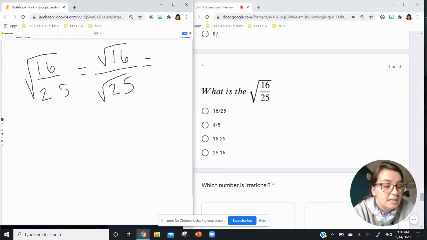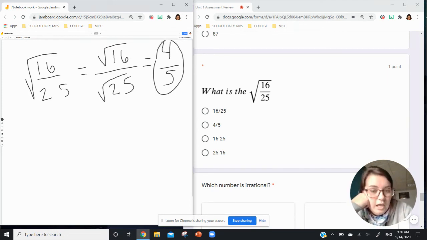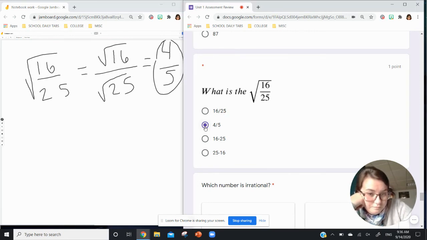Well, the square root of 16 is 4, because 4 times 4 is 16. Well, the square root of 25 is 5, because 5 times 5 is 25. So this should be my answer. Okay, so not 16/25, not this, but 4/5. 4/5 is my answer.